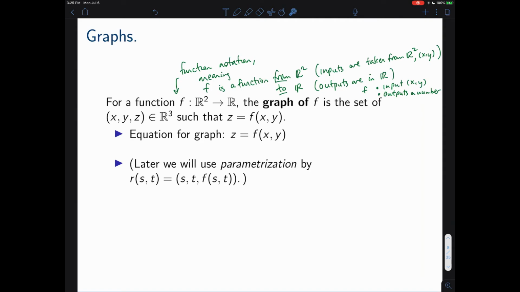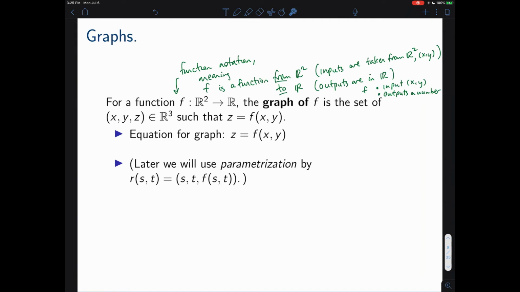Later on, we'll talk about parametrization of surfaces in chapter 16. So that's coming a little while later. We'll have parameterized surfaces, and these graphs have a parametrization. And when we come to it in chapter 16, I'll explain what this means and what it's useful for.